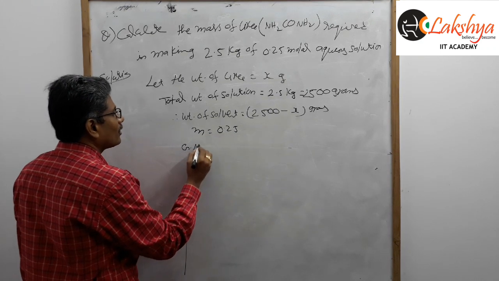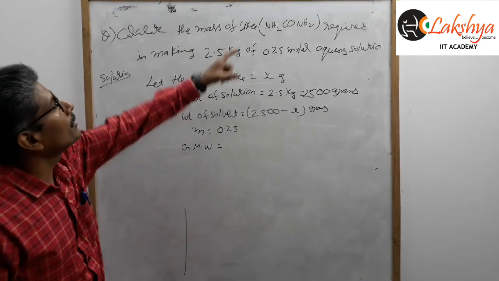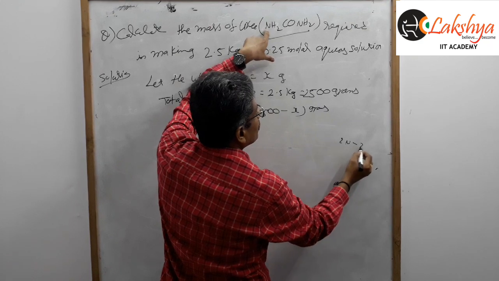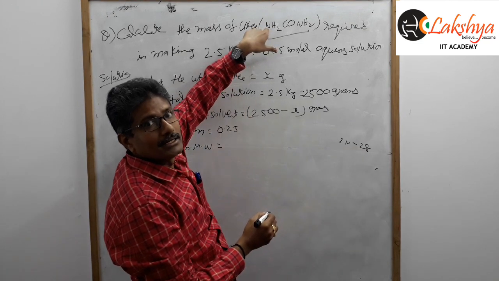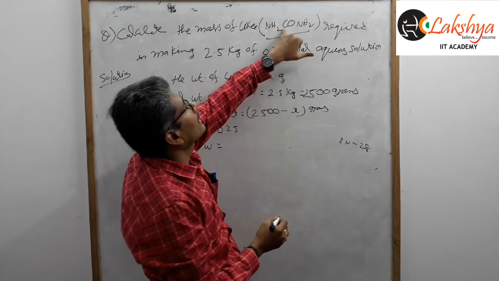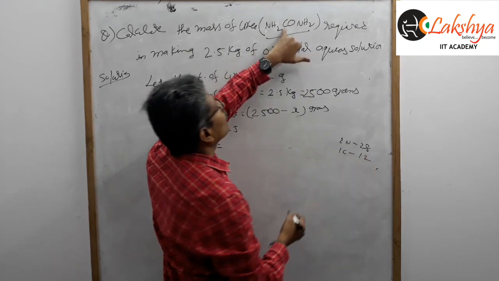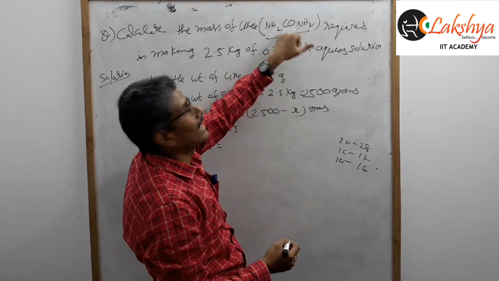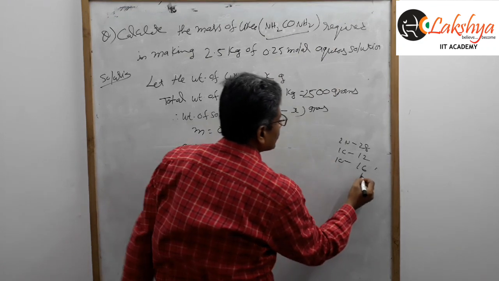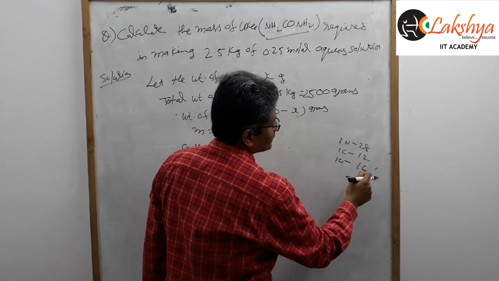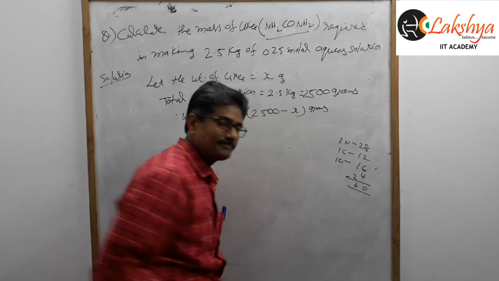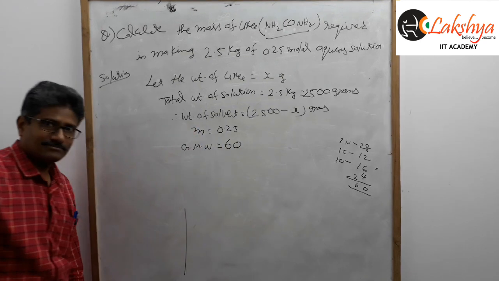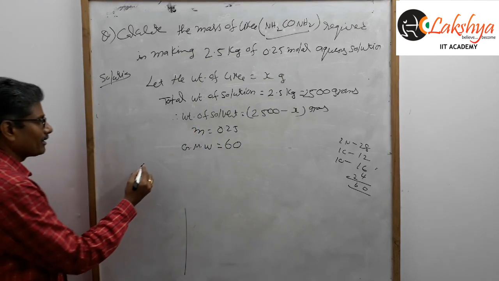And what is the gram molecular weight of solute? This is urea. So here two nitrogen atoms are there. Nitrogen atom is 14, 2 fours are 28. And one carbon is there, carbon atom is 12. One oxygen is there, oxygen atom is 16. 4 hydrogen atoms, so here 4. So 60 is the gram molecular weight of urea. Okay, then write down the formula.